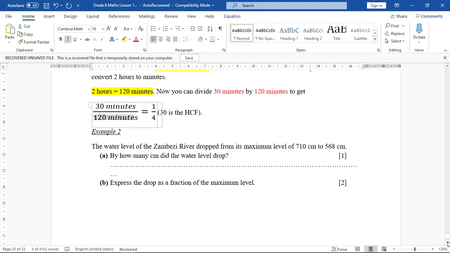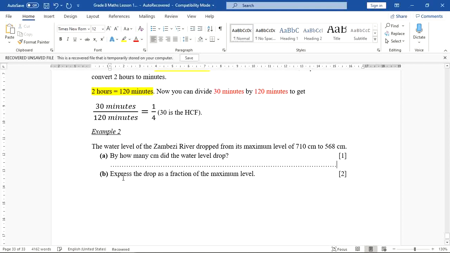Now, my friends, I hope you have picked up something. Example number 2, you are going to do on your own, and send your answers to me via WhatsApp. It says the water level of the Zambezi River dropped from its maximum level of 710 centimeters to 568 centimeters. Question A says, by how many centimeters did the water level drop?